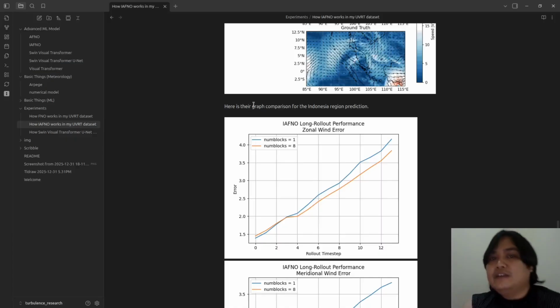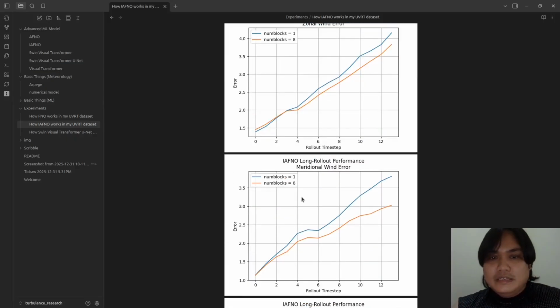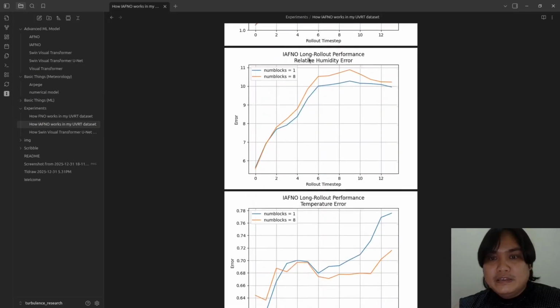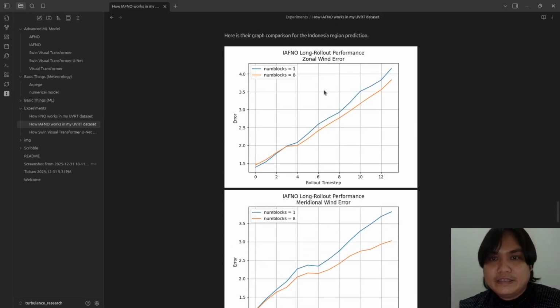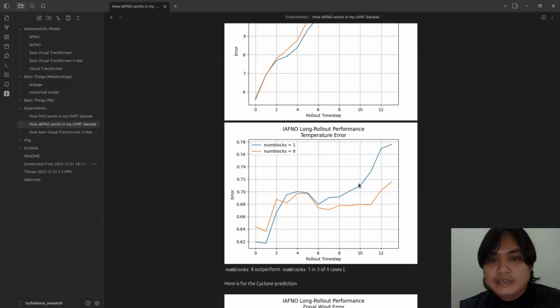And here is the graph of the performance for the Indonesia region. As you can see, for the 4 cases, the first, second, third, and fourth, num block 8 outperformed num block 1 in 3 of 4 cases.